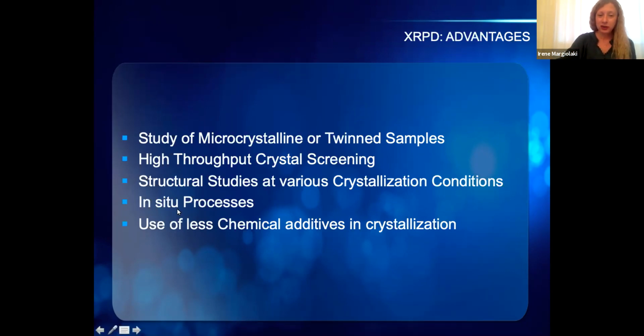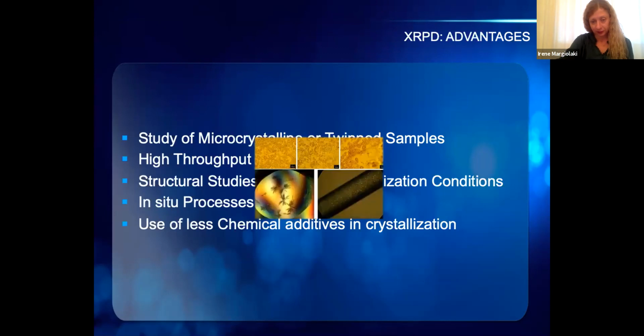More recently, we started observing in situ processes like chemical reactions. And of course, producing a nanocrystalline precipitate is much easier, so we use fewer chemical additives during crystallization, which is critical for the pharmaceutical industry.